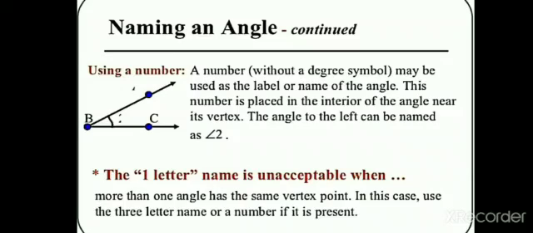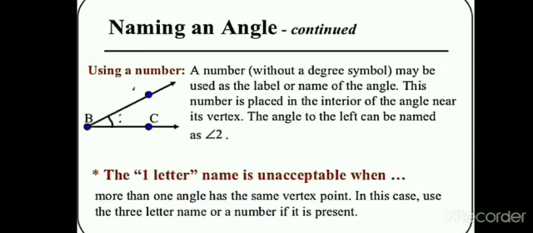A number may be used as a label or a name of an angle. This number is placed in the interior of an angle near the vertex.